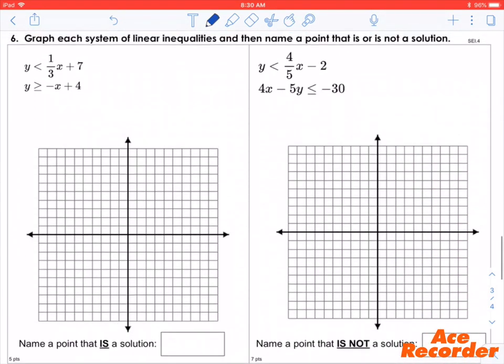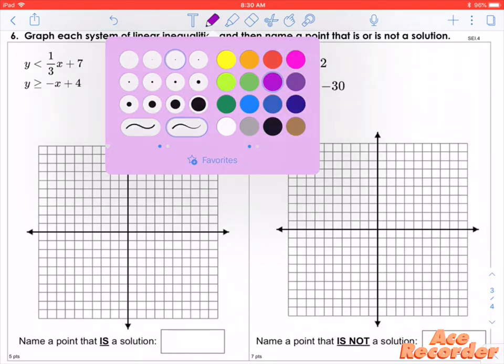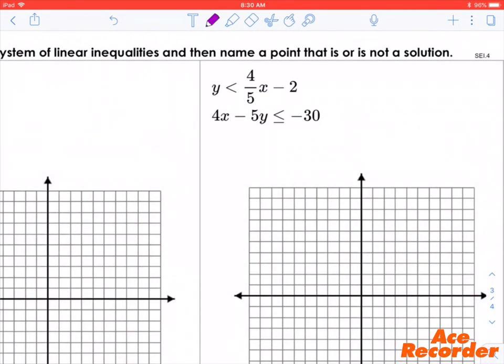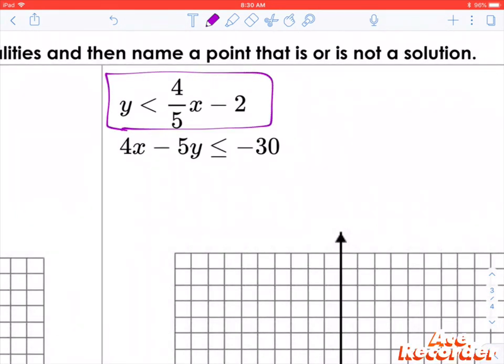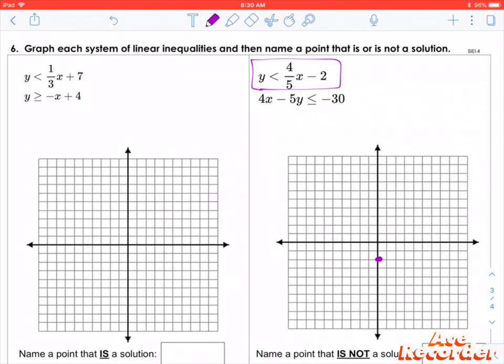Let's go down here. This is graphing inequalities, so this is where the shading and whatnot goes on. So I'm going to leave this one to you to do, but on this one, the top one is ready to graph. So this is -2, and my slope is going up 4 over 5. Up 4 over 5.